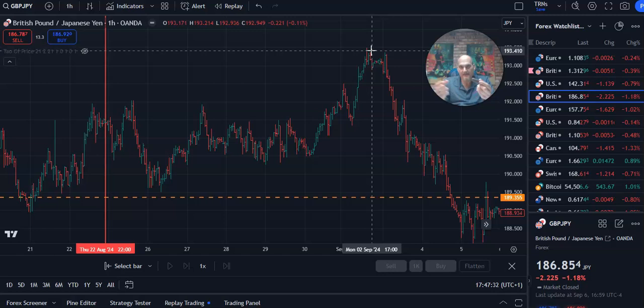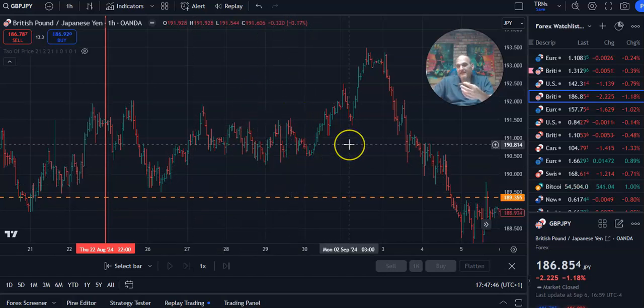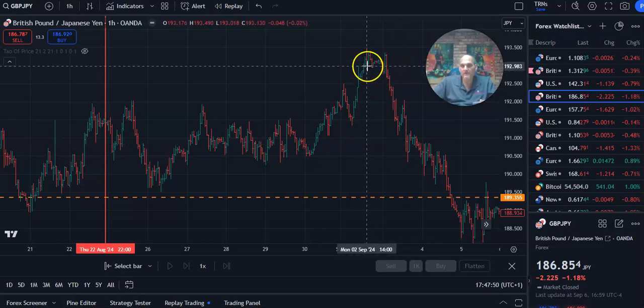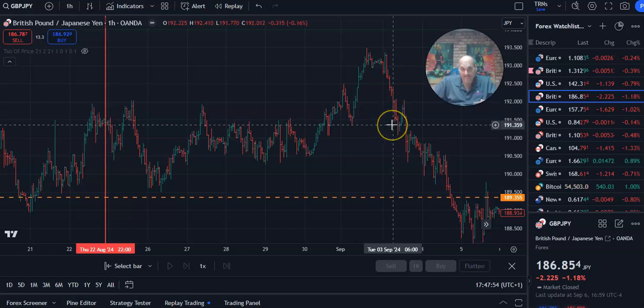I have a system for volatility, and it wasn't working at this point. I said, this marketplace is starting to trend up. I was really expecting this break to happen in this area. It didn't happen. I lost some money, but when it gave me the sell signal here, I took it.